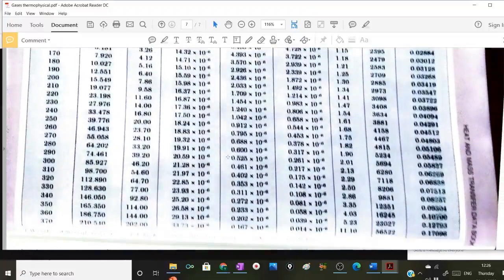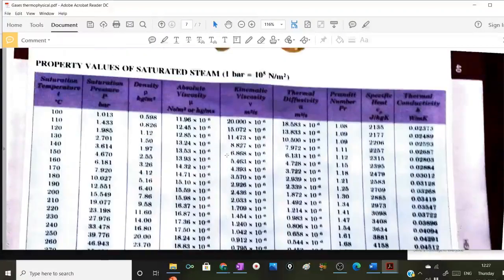So I hope all of you have gone through these pages to understand what are the different gases and their thermophysical properties given from page number 34 up to page number 40. Okay. All the thermophysical properties of different gases are given.